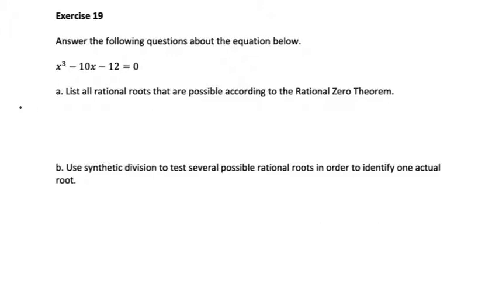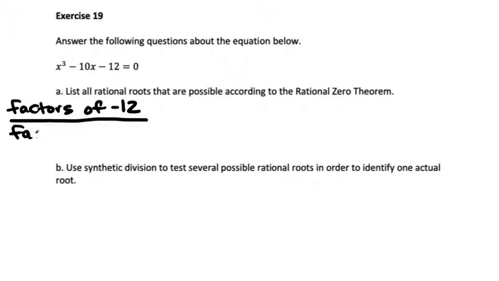So my possible rational roots, I'm going to do factors of the constant, which is negative 12, divided by factors of the leading coefficient, which is 1. Now, negative 12 has several factors: 1 and 12, 2 and 6, and 3 and 4.